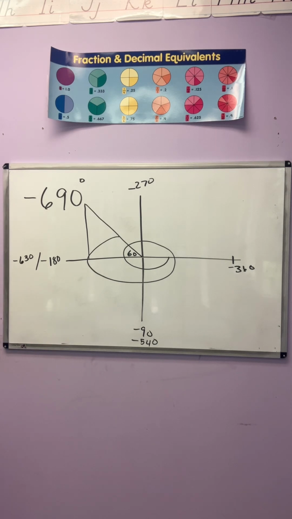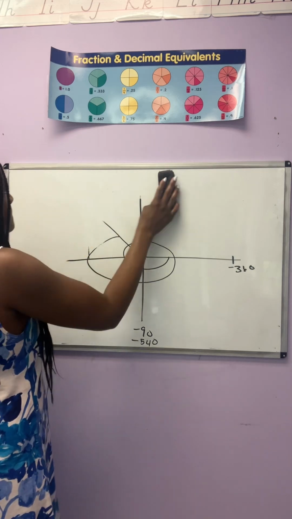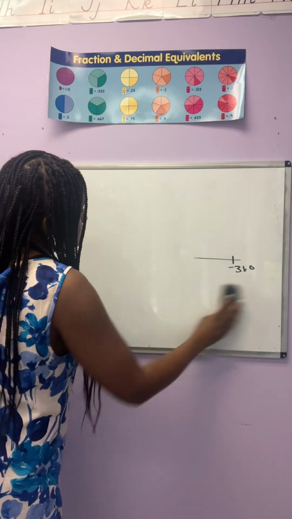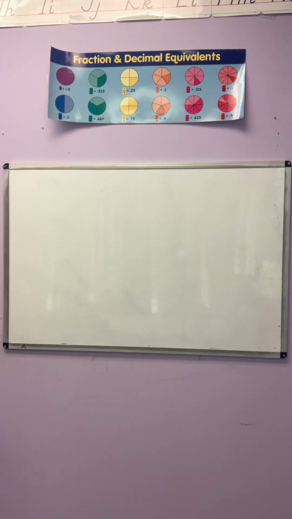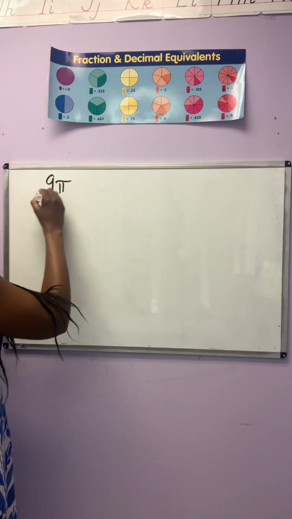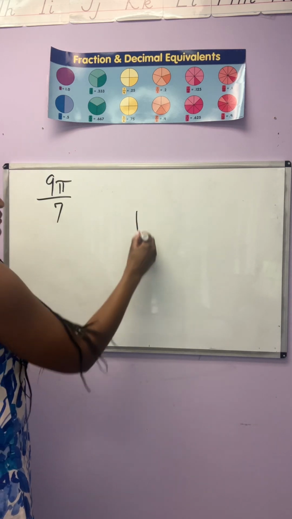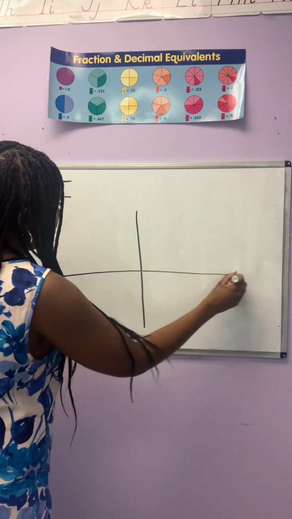Okay, so actually that's our next section, where it says find the reference angle, 9 pi over 7. So if we have to find the reference angle, we have 9 pi over 7.